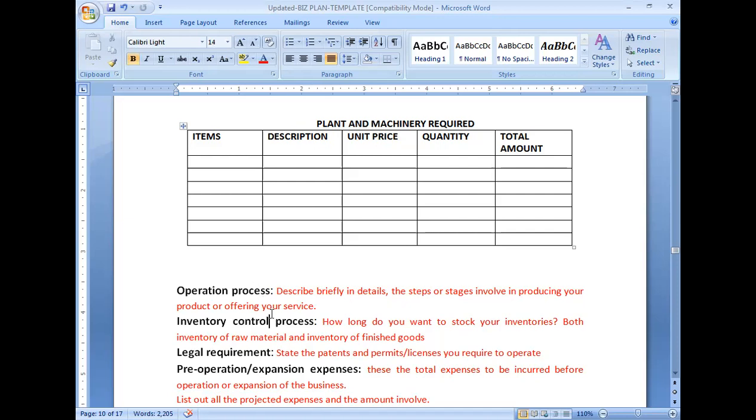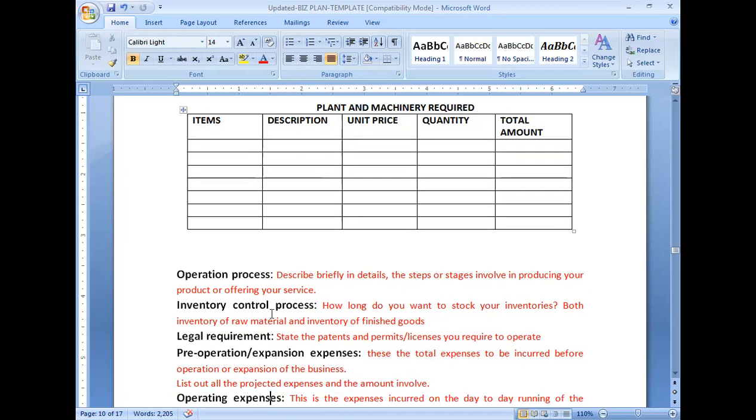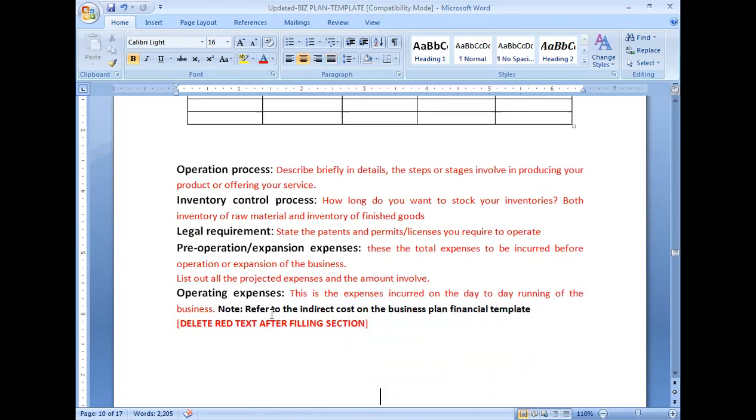Okay. So the next is inventory control process. How do you want to control your inventory? For example, somebody who is into, let's say, a medical clinic, your inventory of consumables can be syringes, nose masks, hand gloves, etc. So you can buy in bulk consumables that can cover one month.